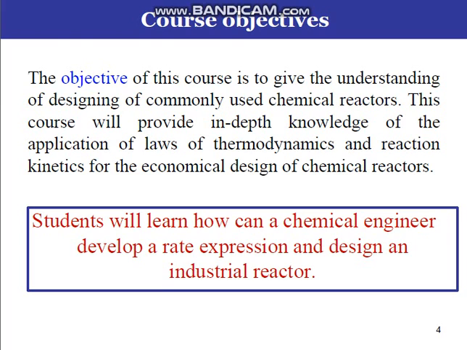Now, the rate expression expresses the rate of reaction, so how fast that reaction is actually going to happen, and the design of the industrial reactor is based on that rate expression along with the other factors that we talked about, like economics, what type of space we have, or what type of energy source we have, and different types of other factors.